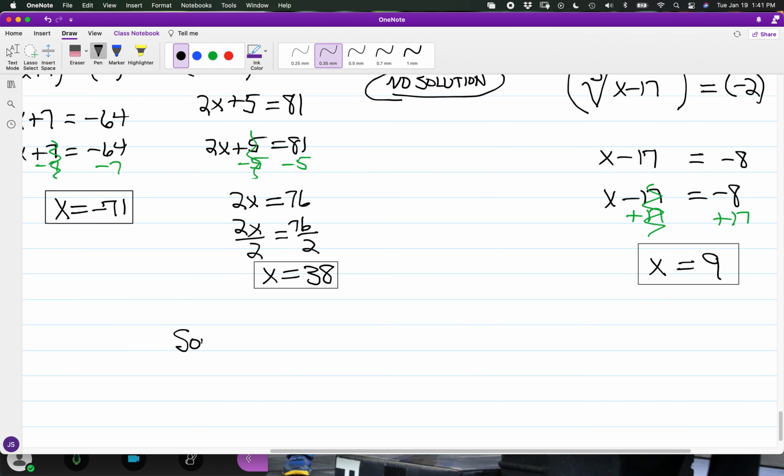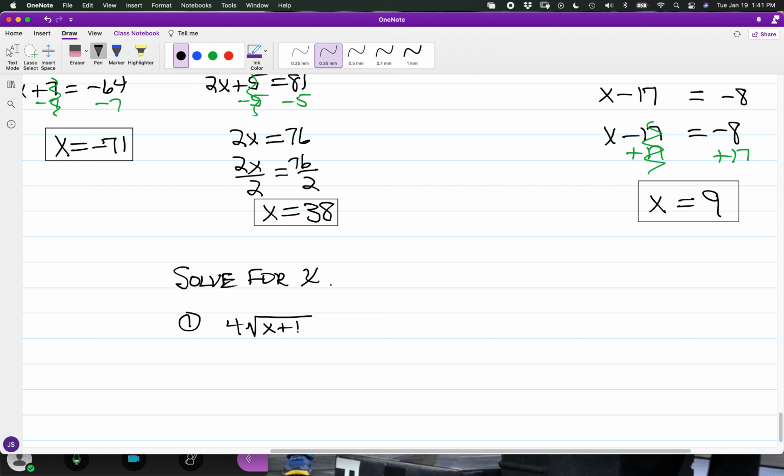I'm going to show you a couple of ways with one of these problems. Let's say we have something like 4 times the square root of x plus 1 is equal to 7. So you got 4 times the square root of x plus 1 is equal to 7.